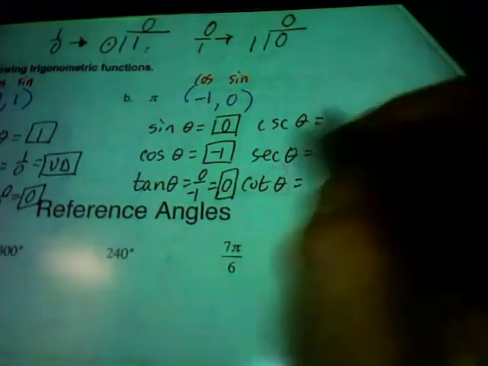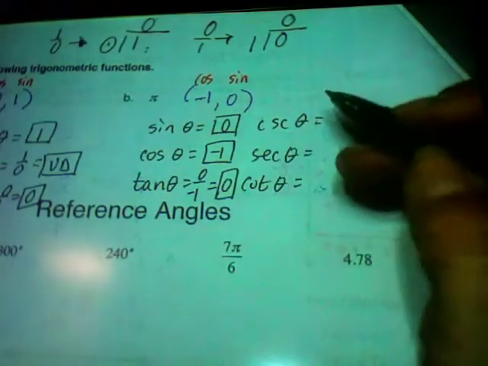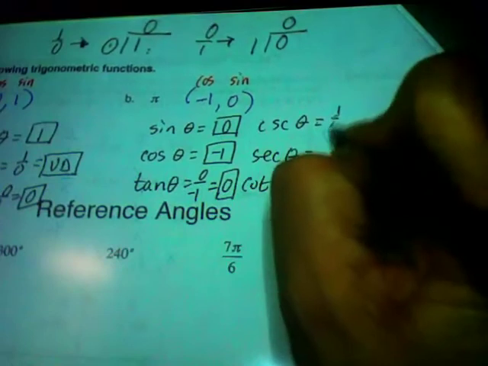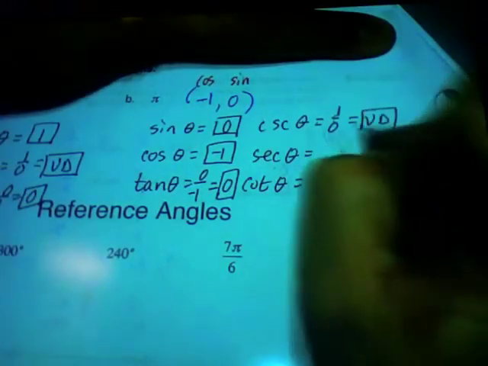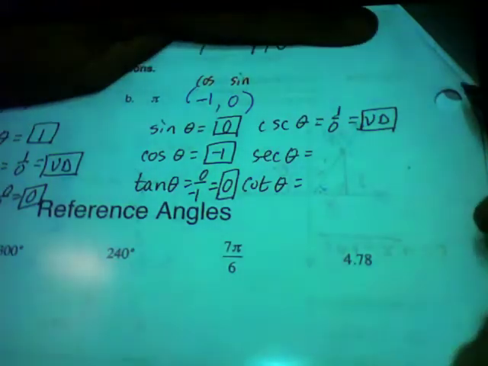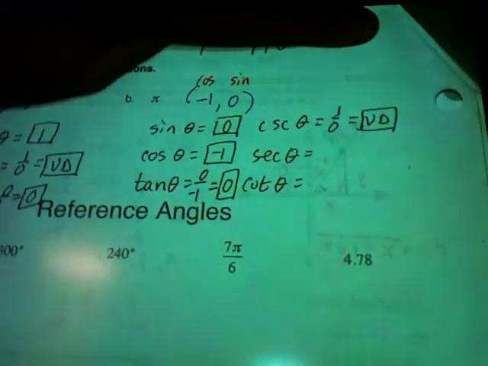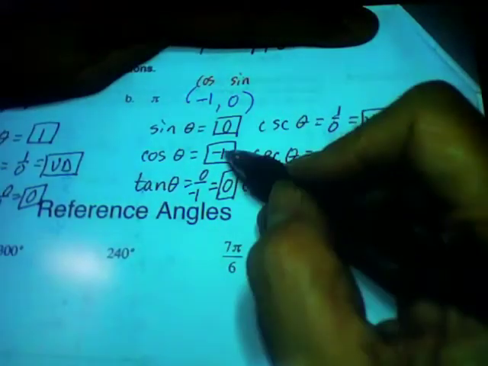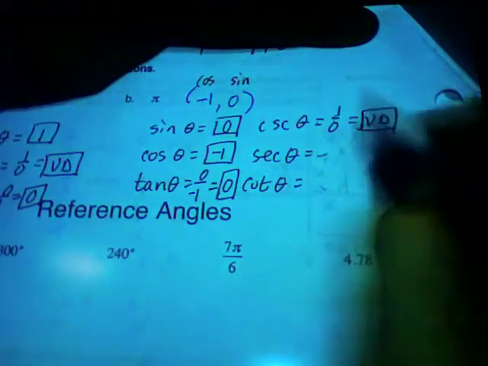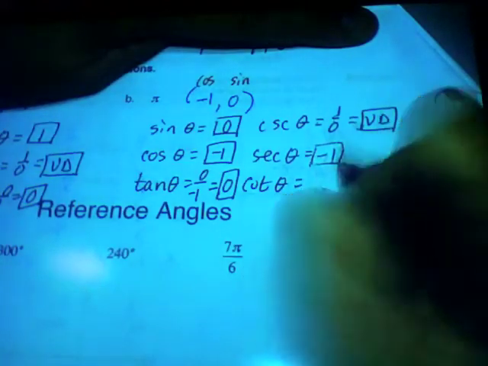Then what's cosecant? Because this is 0 over 1, flip it. You get 1 over 0, which is why this is undefined. So in your notes, you do want to put 1 over 0, because otherwise you'll forget why it's undefined. And then what's this one? It's still -1, because this is -1 over 1, and 1 over -1 is still -1. What about this one?